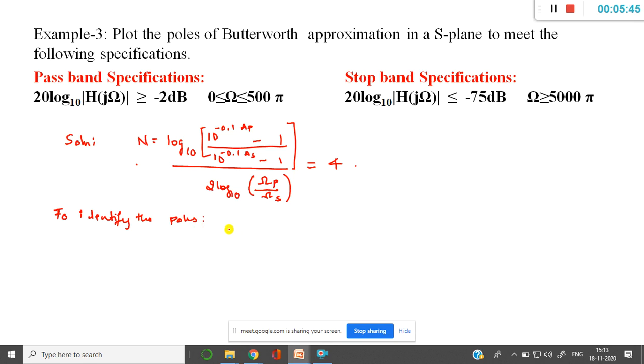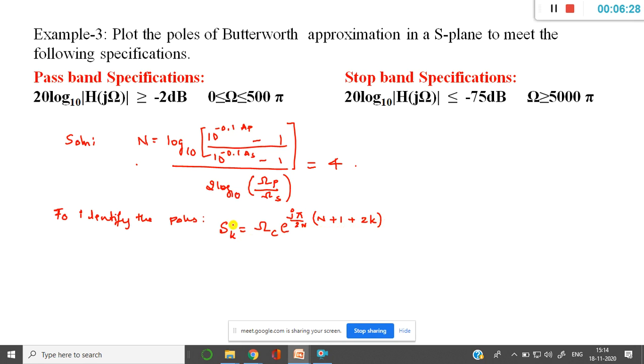In one of the classes we derived an equation for finding the poles: s_k is equal to the cutoff frequency omega c times e to the power of j pi by 2n into (n plus 1 plus 2k).